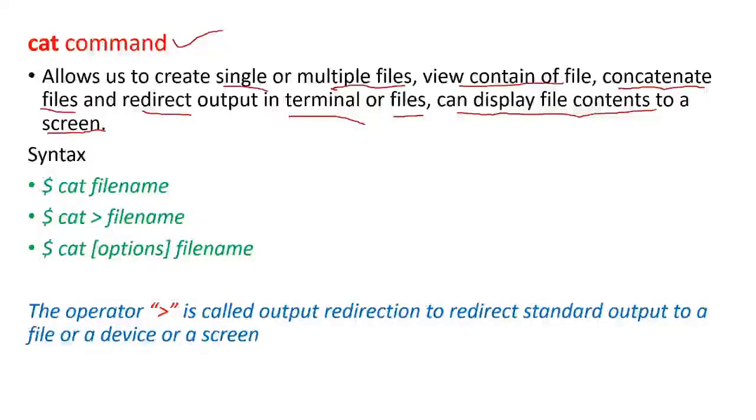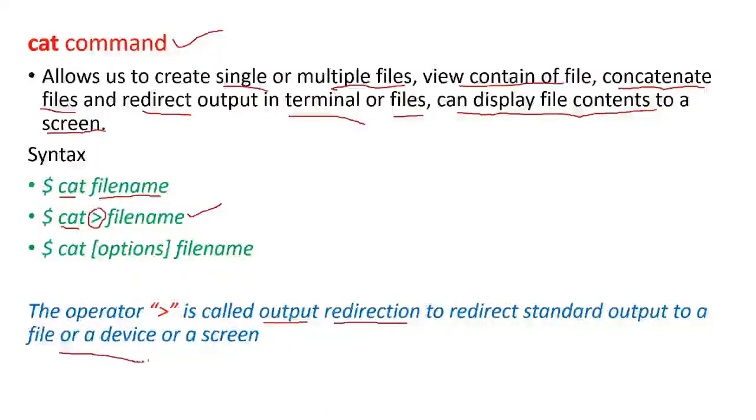See the syntax. You are going to type the cat command and the file name. Next, you can use the cat command with this operator, which we call output redirection, and the file name. This output redirection operator is specifically used if you want to redirect the standard output to a file, or to a device, or to a screen.